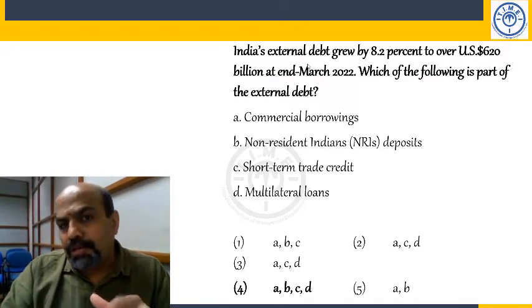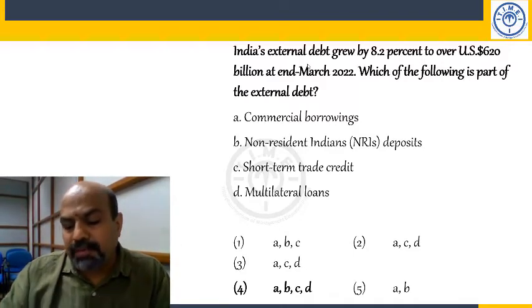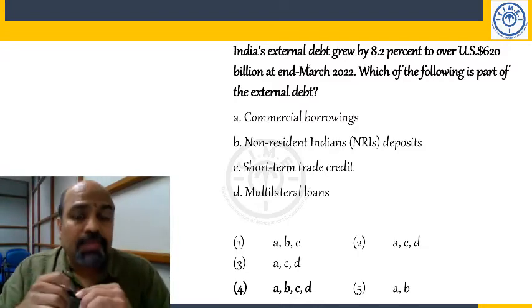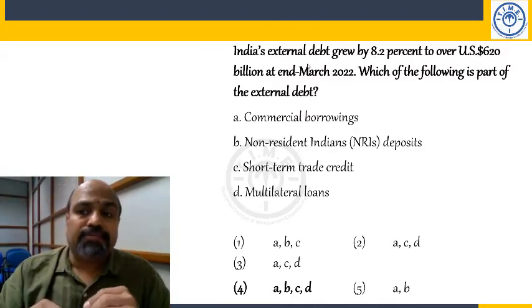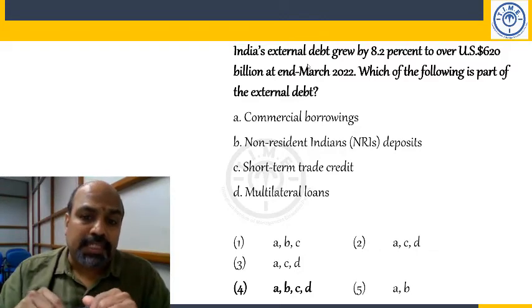Now, $250 billion of this 620 is, you could write within brackets, 40%. Let me finish and then I'll explain.